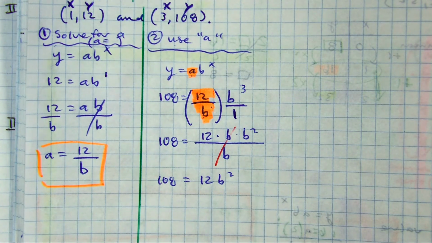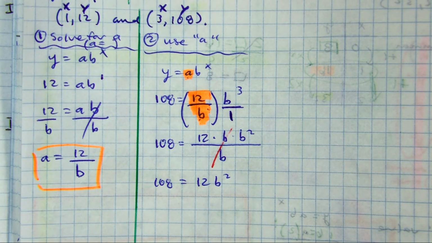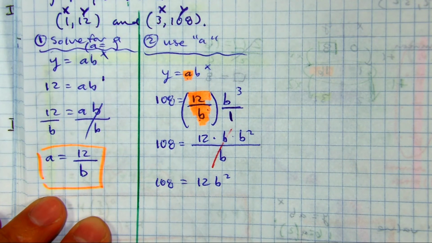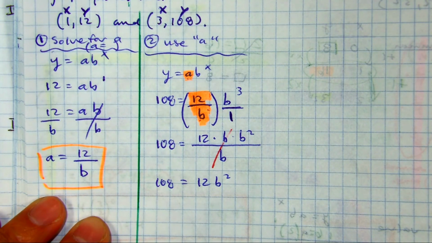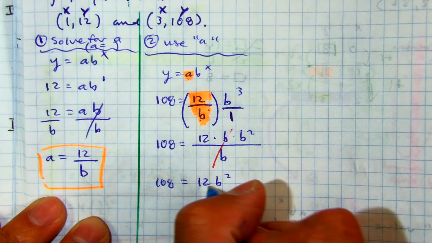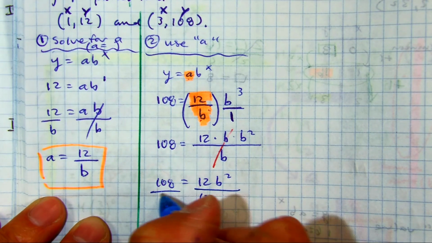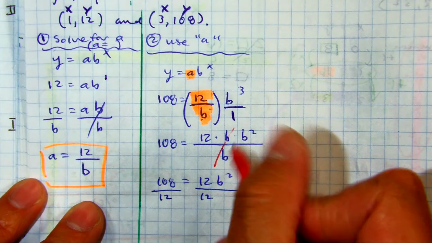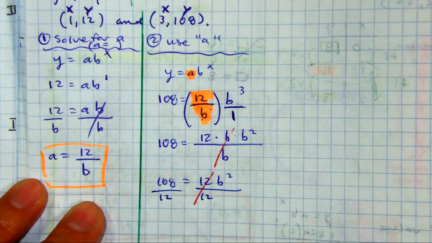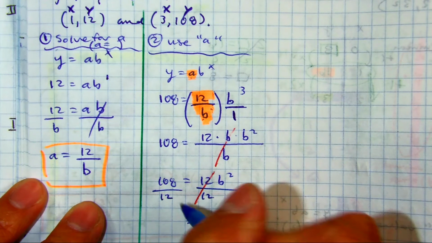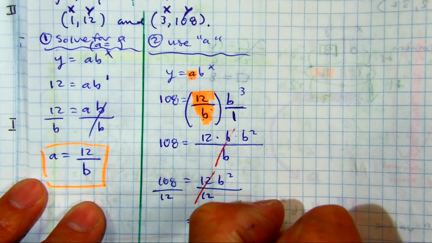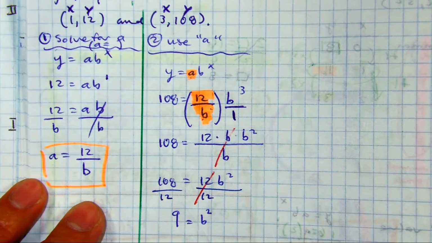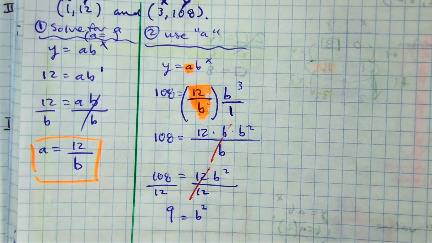And then we can just solve for B. What do I do? Square root or divide by 12? Let's divide first. My 12 cancels on this side. 12 goes into 108 how many times? 9. And then how do you solve for B?